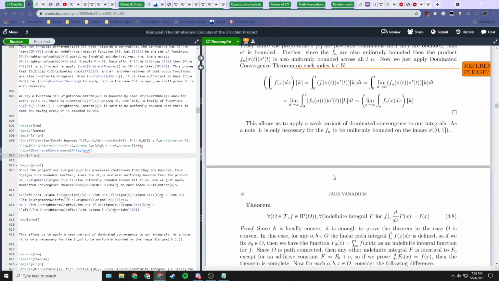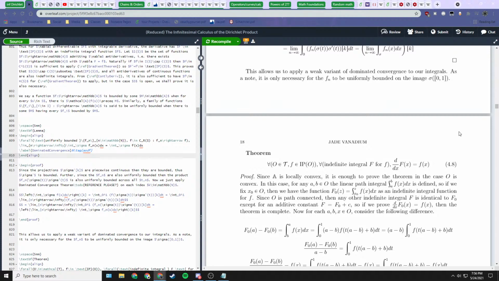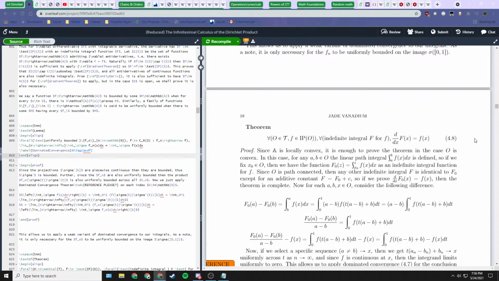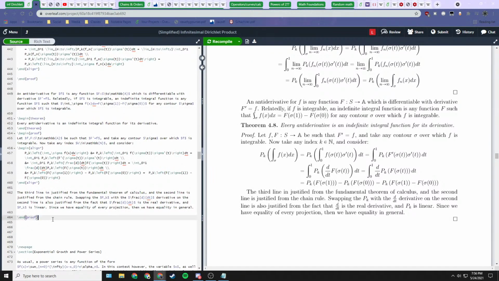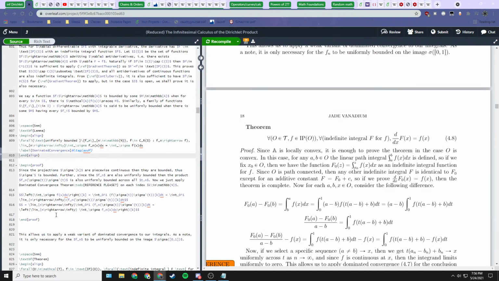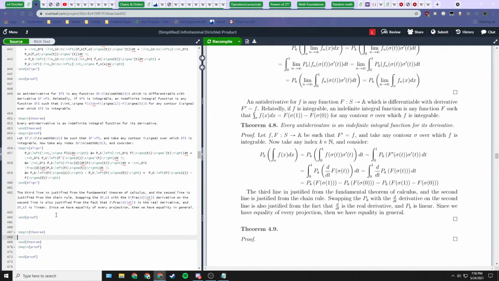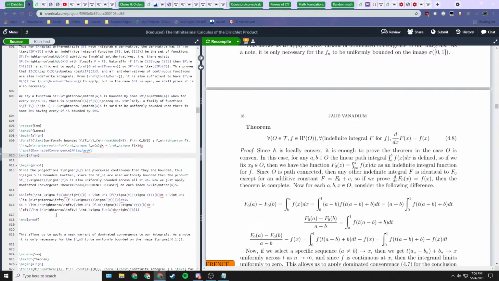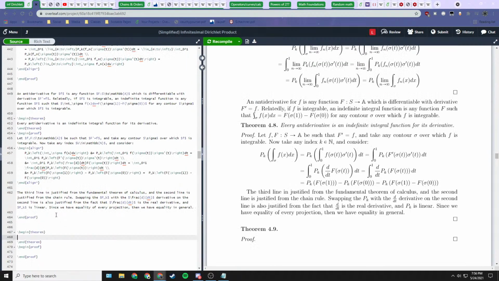The next proof that we want to say is, oh, this only applies to open sets. That's unfortunate. I think that's okay. Convex, actually.